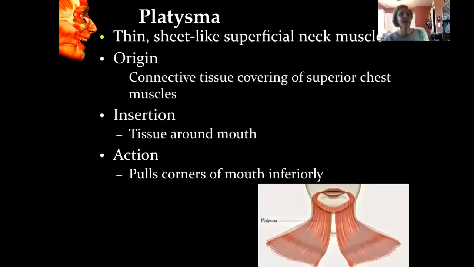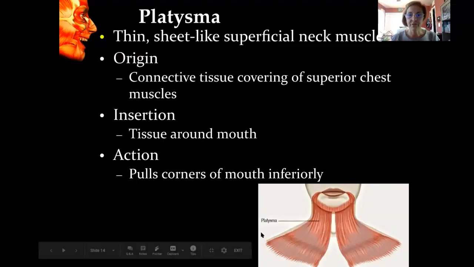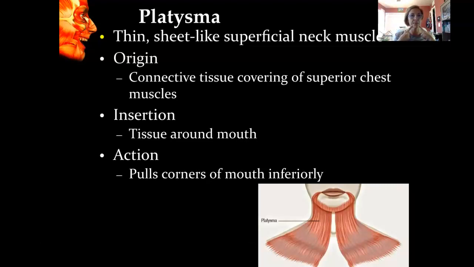The platysma. Plat is flat. So this is a big sheet of muscle in the front of your neck and chest. It runs from your chest, that's its origin. It inserts on your lower lip. So the action happens at the lower lip, you pull it down.